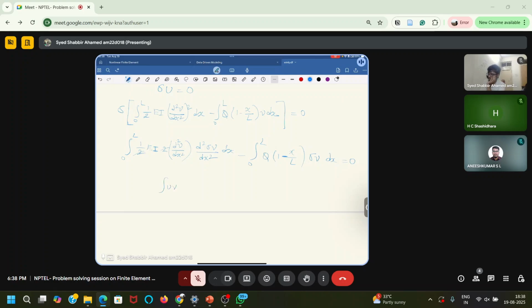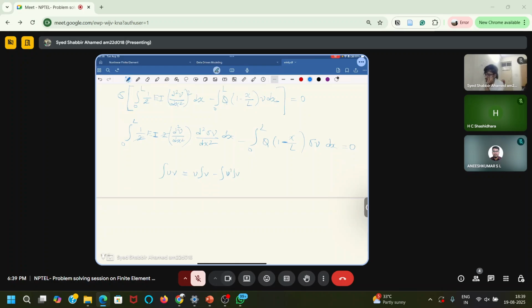If you have something like this, you can write the integral of uv as u times integral v minus u dash times integral v.